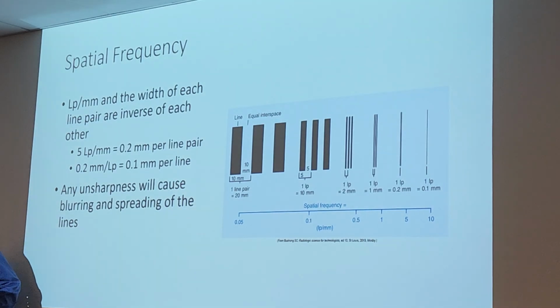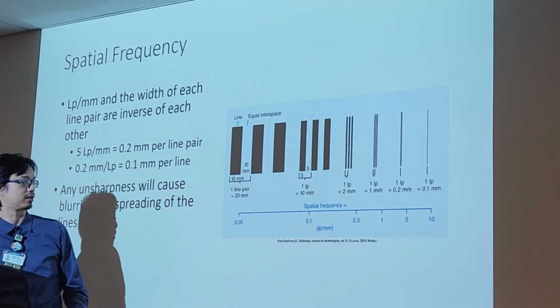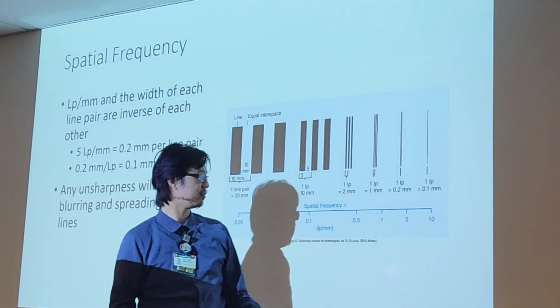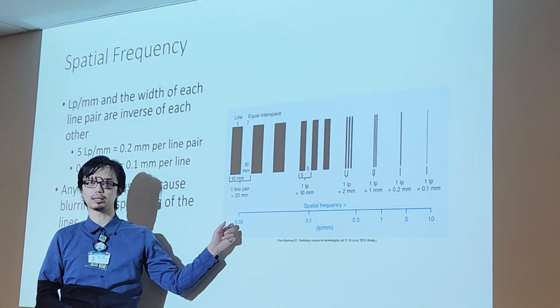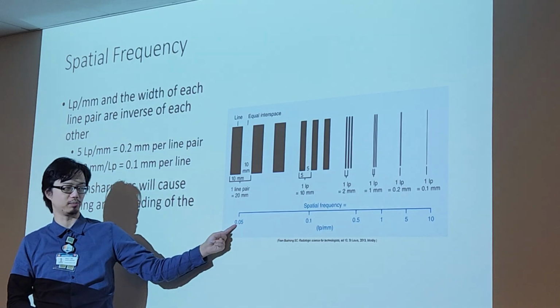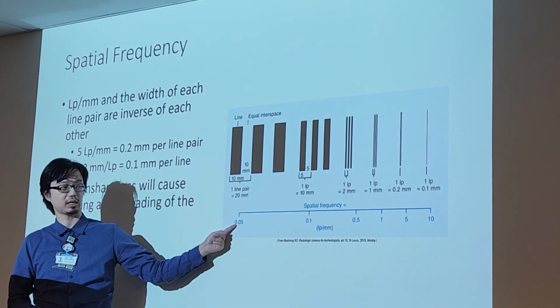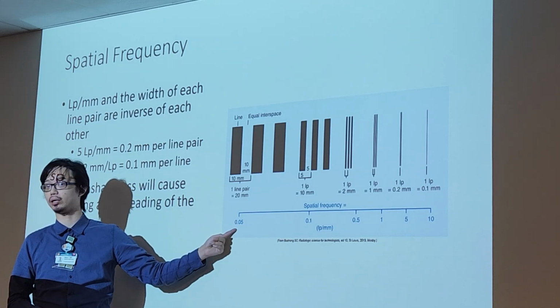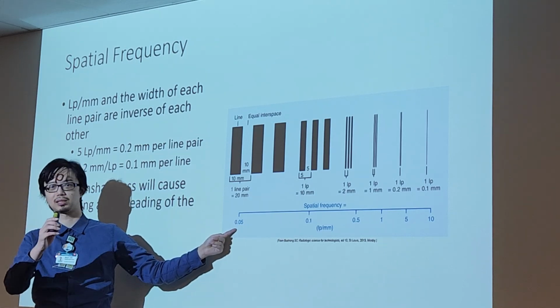All right, over here, let's say that I've got 0.05 line pairs per millimeter. How thick is each line pair? Samantha?